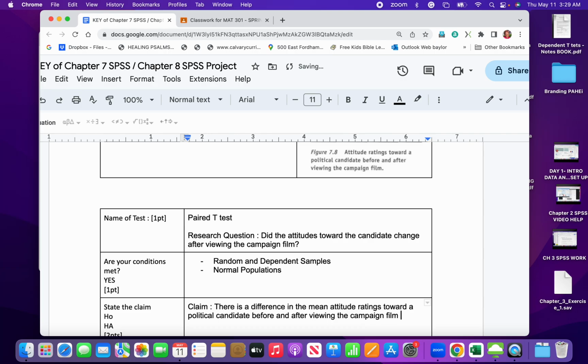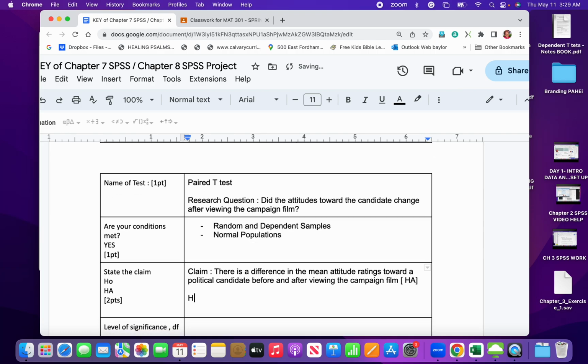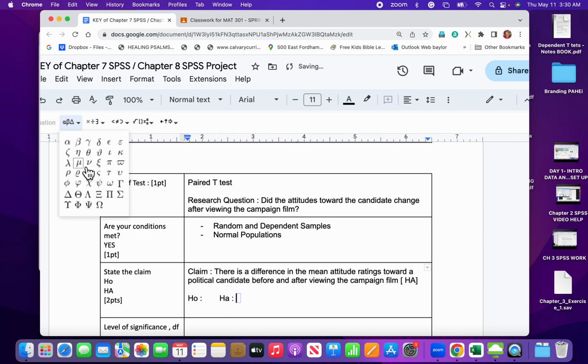So this is going to be our HA, and we can literally write now difference. So now we can write mu 0 and also write our HA. Remember, paired t-test. So if it's a paired t-test, just insert your mu.